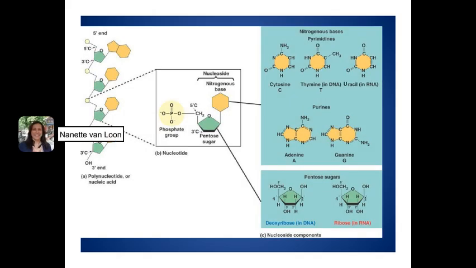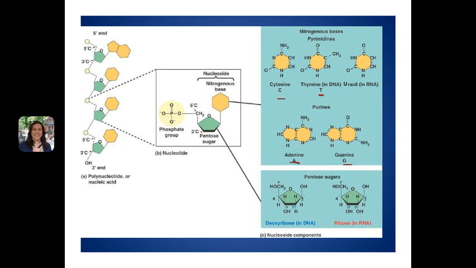The differences between DNA and RNA in terms of their nucleotides are found both in the nitrogenous bases and in the pentose sugar part. Let's take a look. In the nitrogenous bases, in DNA we have 4 different ones, and they are cytosine, thymine, adenine, and guanine. In RNA we basically also have 4, but there is a slight switch.